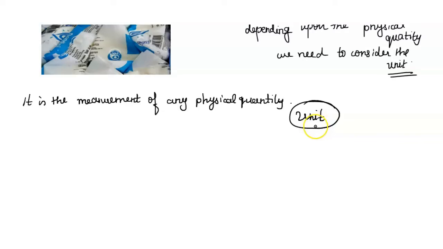The result of a measurement of a physical quantity is expressed by a number accompanied by a unit.